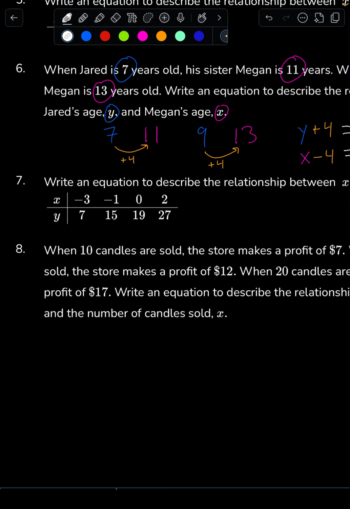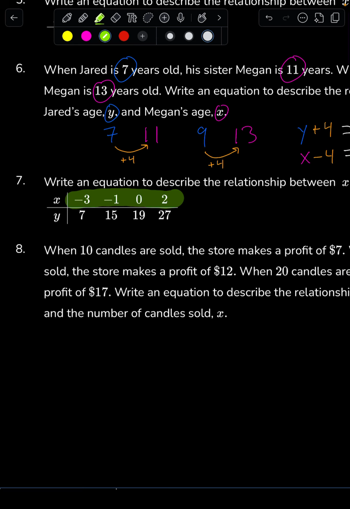If I look at these X values, they're not actually in order. It doesn't go -3, then -2, then -1, then 0, then 1, then 2. It actually skips a couple.